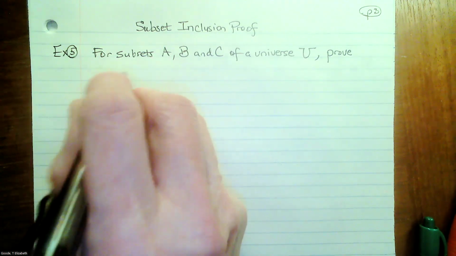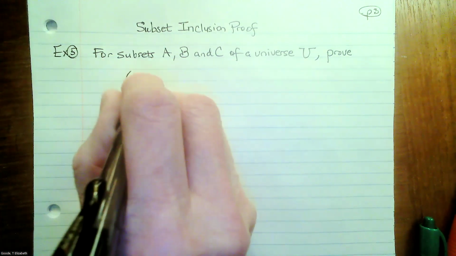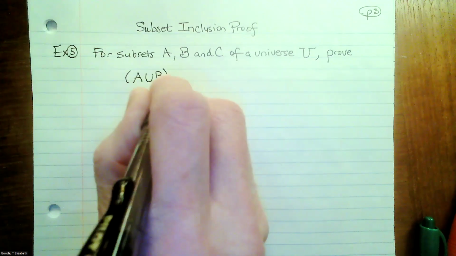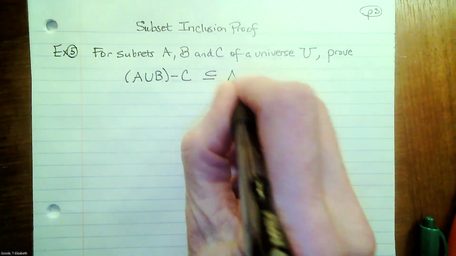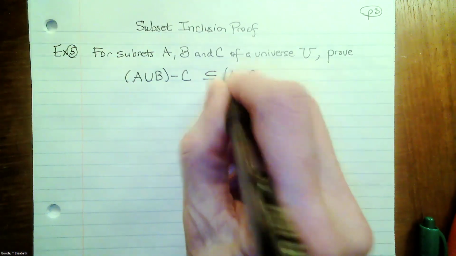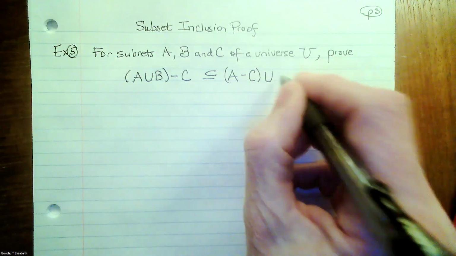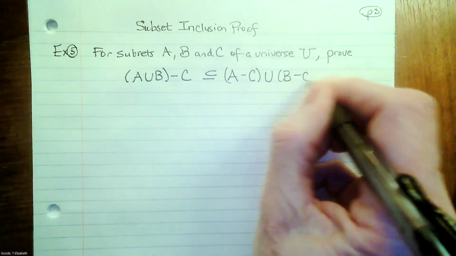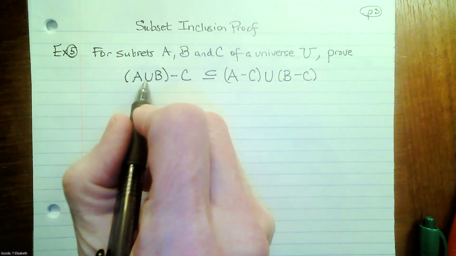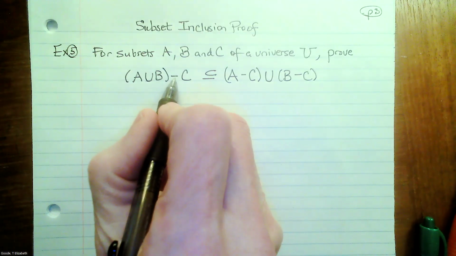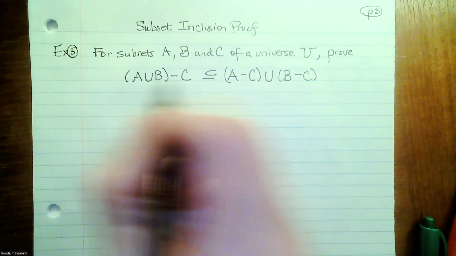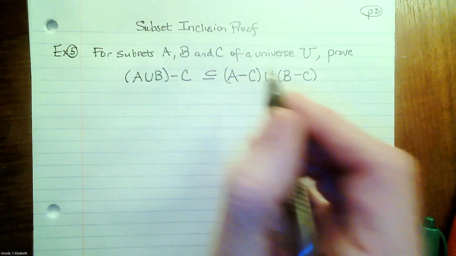See if this is even true. Is (A union B) minus C a subset of (A minus C) union (B minus C)? In other words, does set difference on the right distribute across union? That's really what we're asking.